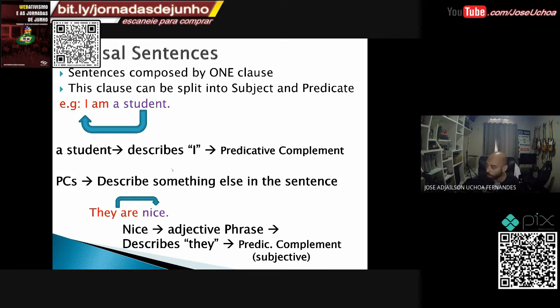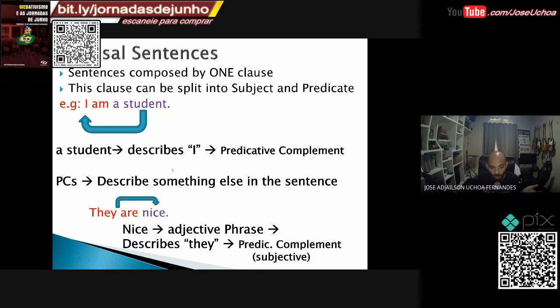With a noun, "she's an actress." Okay, an actress is a noun phrase, but that's what she is. I cannot separate her, the pronoun she.